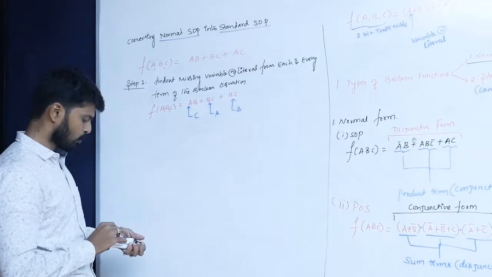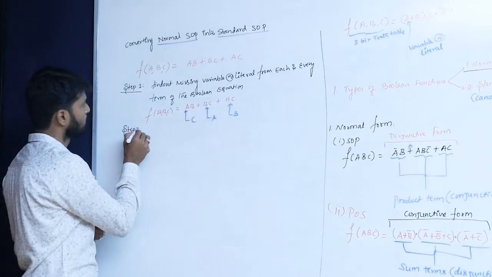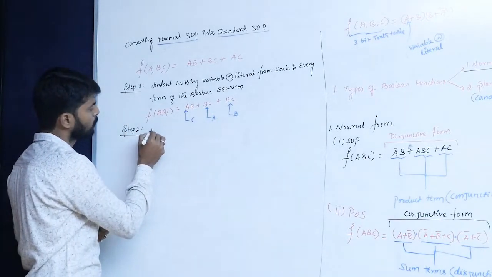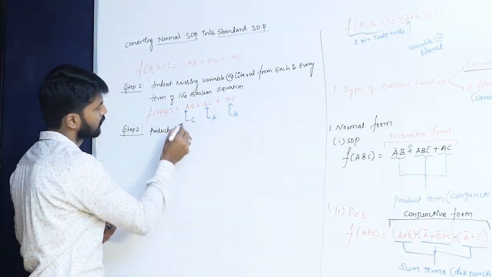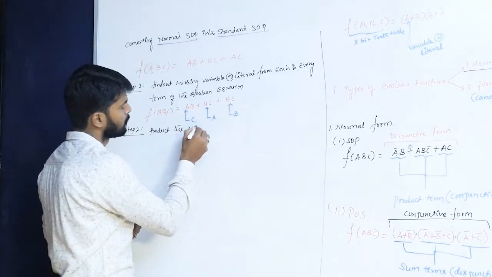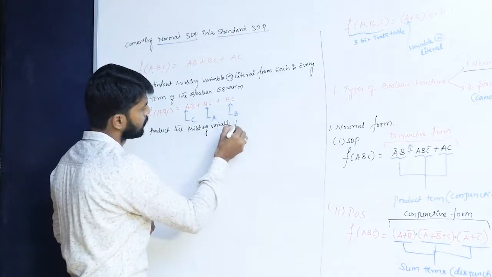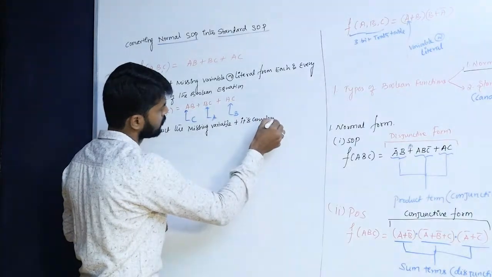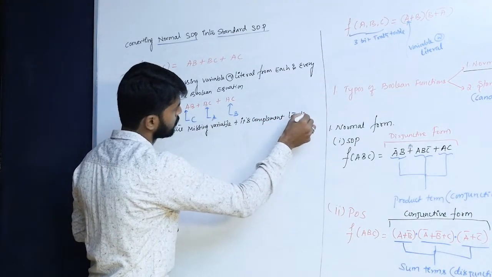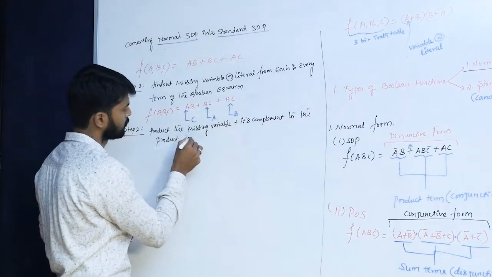Now step 2: we need to multiply the missing variable plus its complement to the product term.